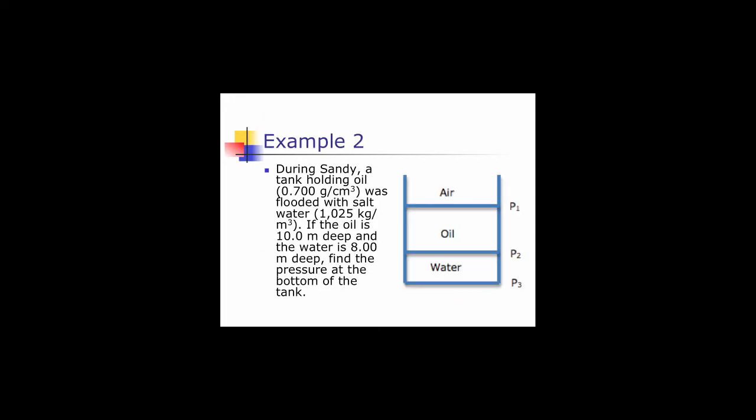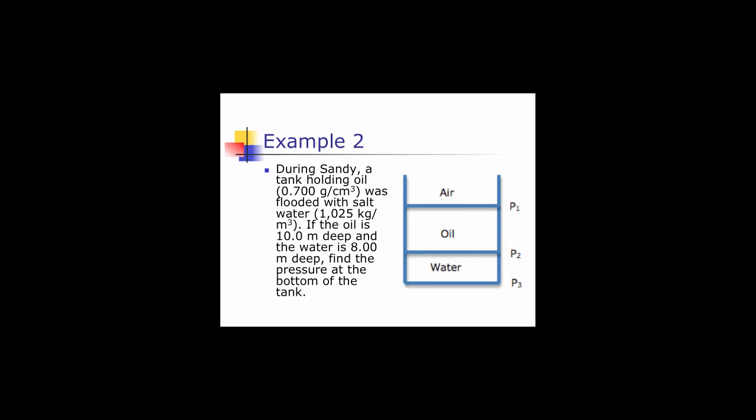Here's an example using the equation that we saw before. During Superstorm Sandy, a tank holding oil that has a density of 0.7 grams per cubic centimeter was flooded with salt water, and that has a density of 1,025 kilograms per cubic meter.